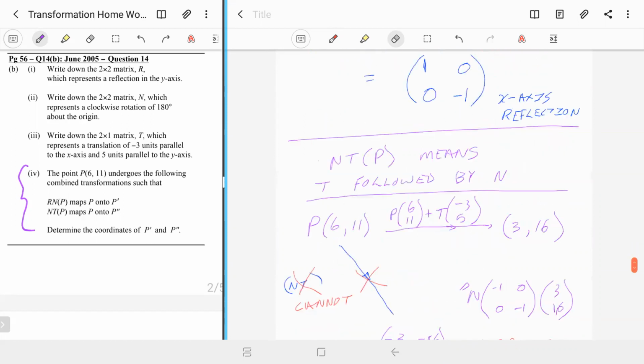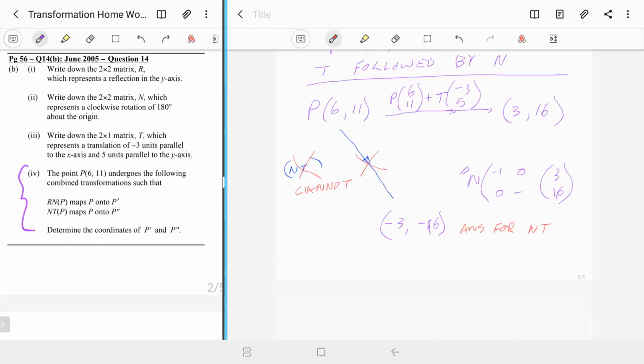So this one cannot be done because translation is involved. And if you want, you can try to multiply them and get a single matrix and see if you get the right answer. You get the wrong answer, so that will prove it to yourself.